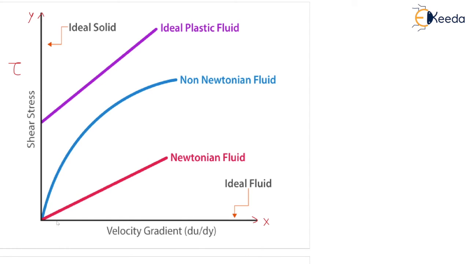For a Newtonian fluid, when the shear stress is directly proportional to velocity gradient, or rate of shear deformation, you have a straight line. Look at this, this one is your Newtonian fluid. For a non-Newtonian fluid, this is not a straight line because it may not vary directly. So it is a curve, and like this you get the curve for non-Newtonian fluids.